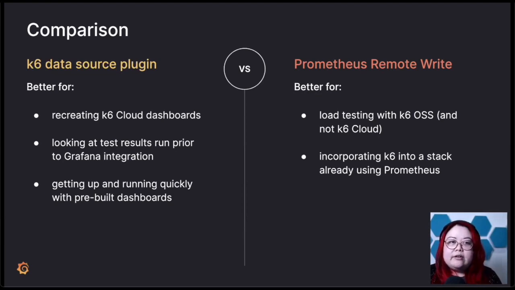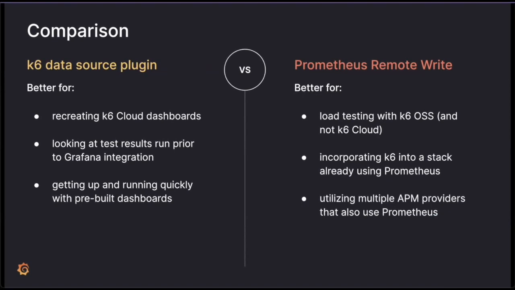That way you'll have your load testing results where the rest of your metrics are too. And then if you're utilizing multiple APM providers, such as in the case in larger organizations where different teams use different tools, for example, this way will work with any providers that support Prometheus. So you should have a lot to choose from.